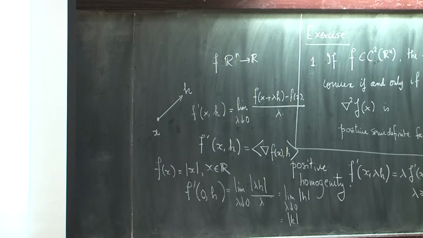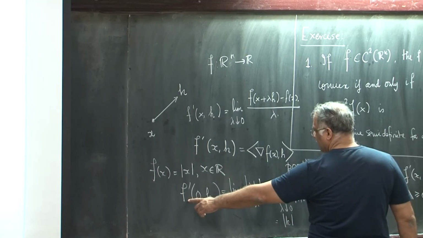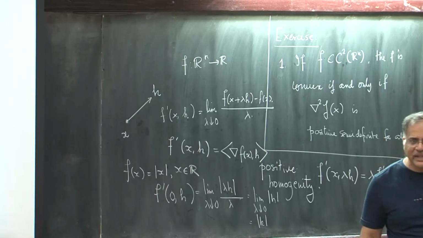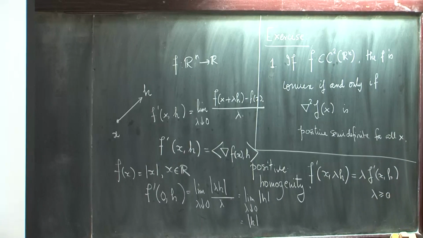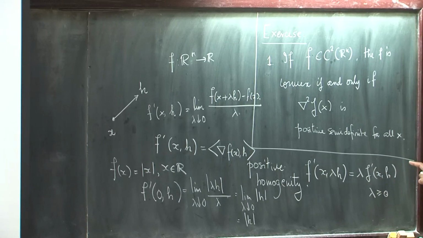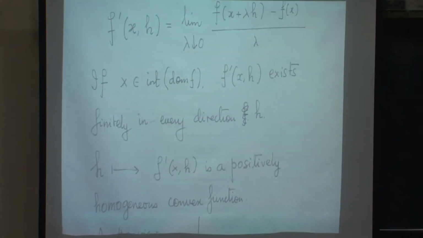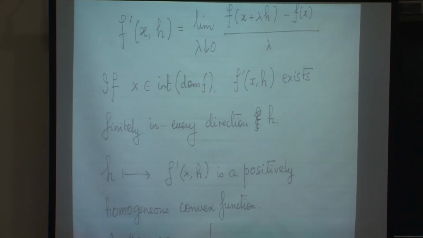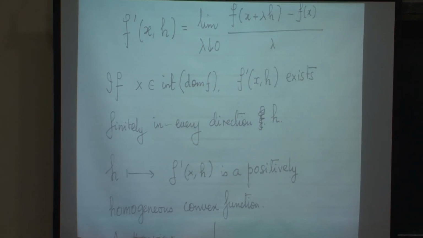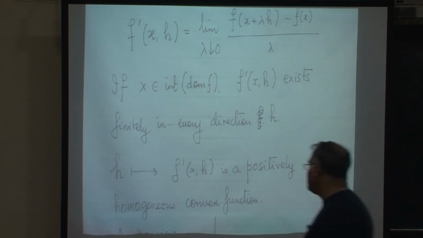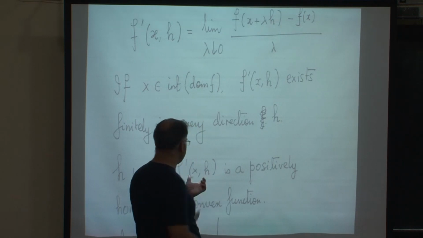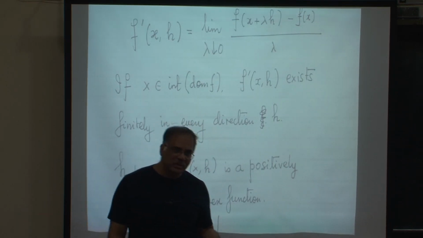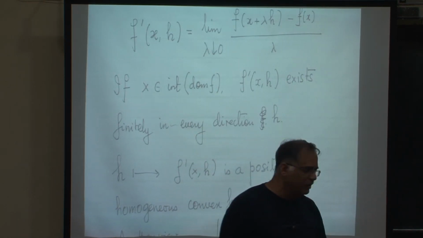The directional derivative of the function, given a fixed x, is a function of the direction h. If you change the direction, the directional derivative value will change. X is fixed. In optimization you do not really require changing both of them simultaneously. If you change both simultaneously, it is not a very interesting thing.